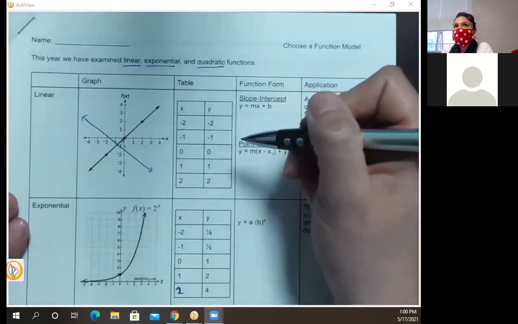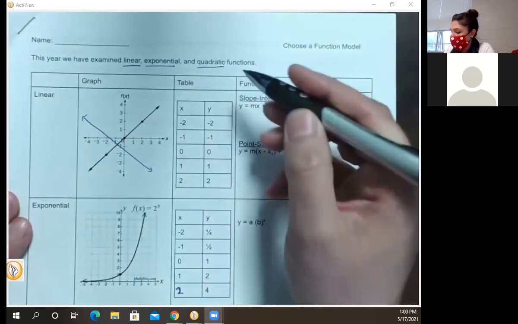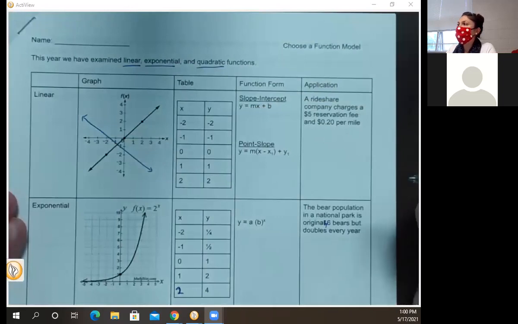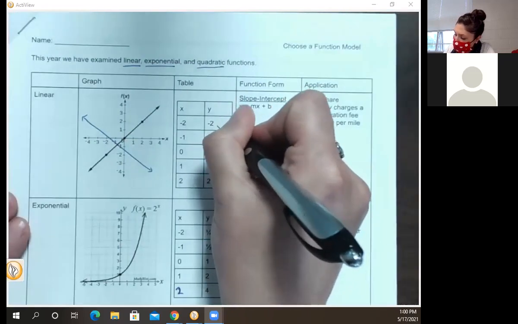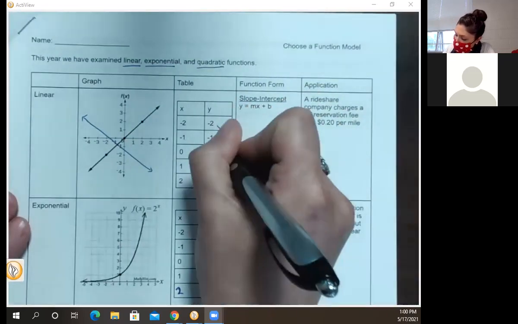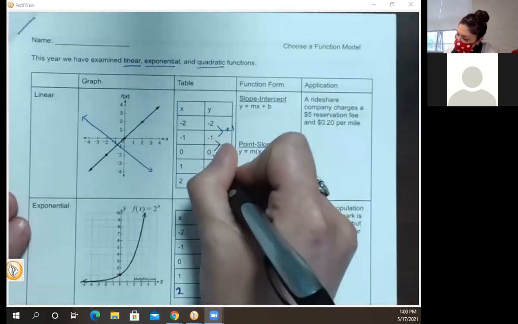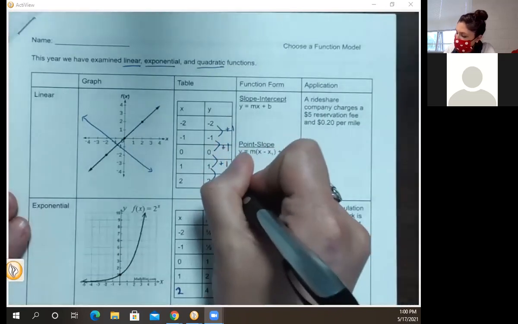If I look at a table for a linear function, as the x's are increasing by 1, what I should be able to see in the y's is that I am adding or subtracting the same amount each time. So if I look at this table, to get from -2 to -1, I would have to add 1. To get from -1 to 0, I would have to add 1. To get from 0 to 1, I would have to add 1. To get from 1 to 2, I would have to add 1.